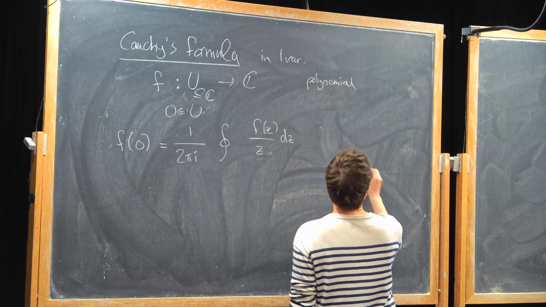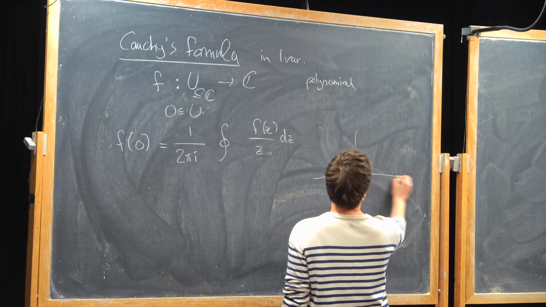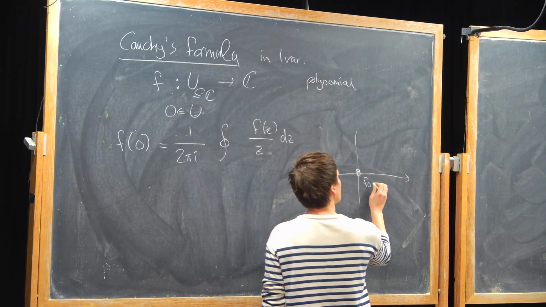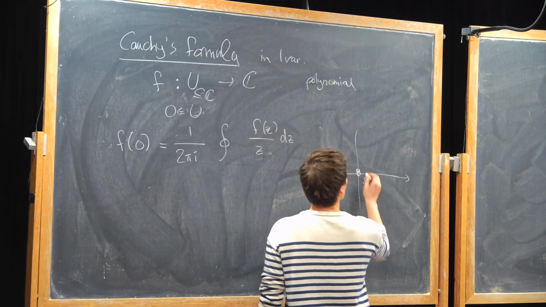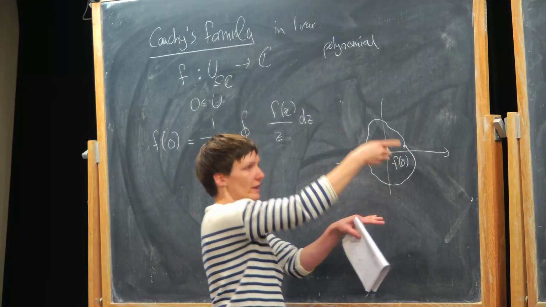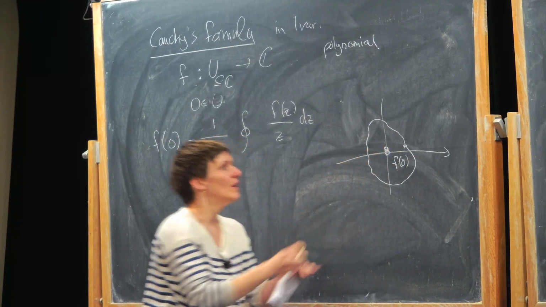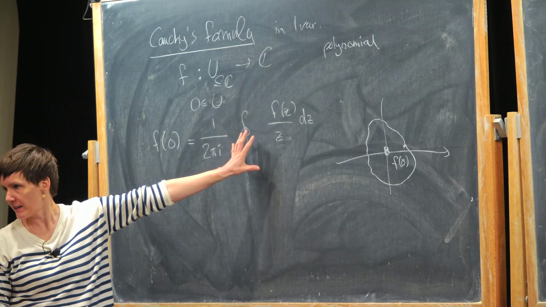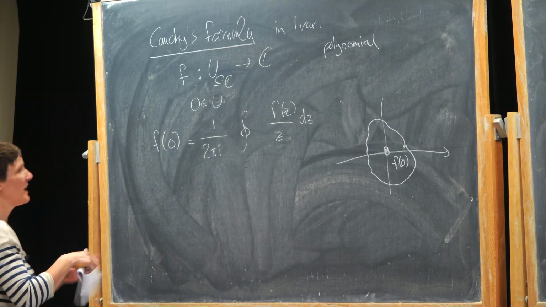So here's your 0. And then that theorem says that to evaluate your f of 0, all you have to do is take any curve around the origin, closed, and you walk around this once, then that value of f at 0 is exactly that.